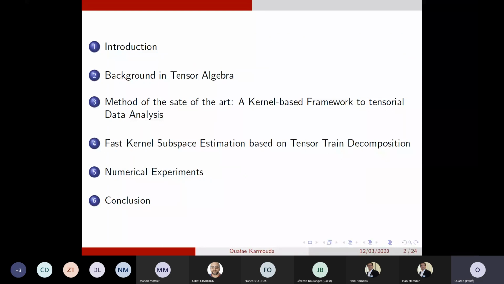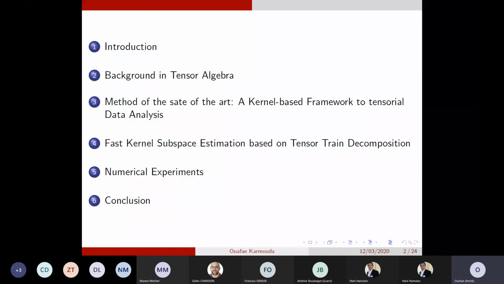So in this presentation, I will first introduce some basics of support vector machines and kernel methods for vectorial data. Then, since we are interested in support vector machines and kernel methods for high-order tensors, I will present some necessary background in tensor algebra.